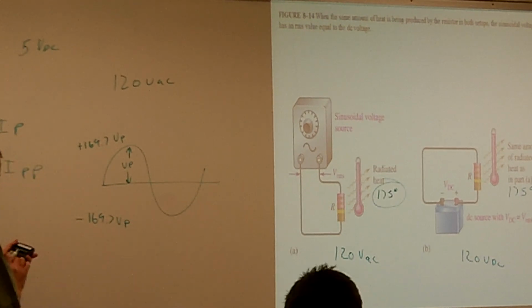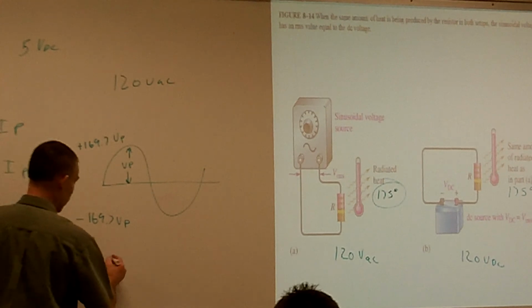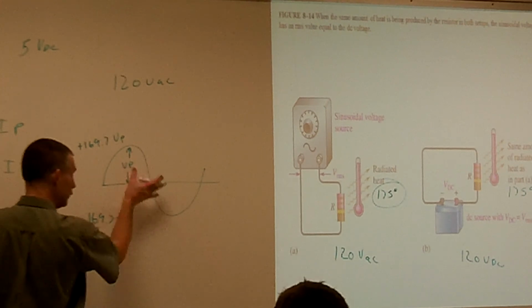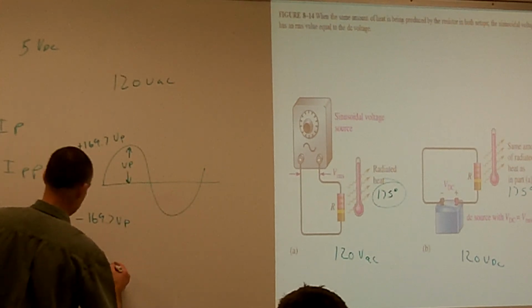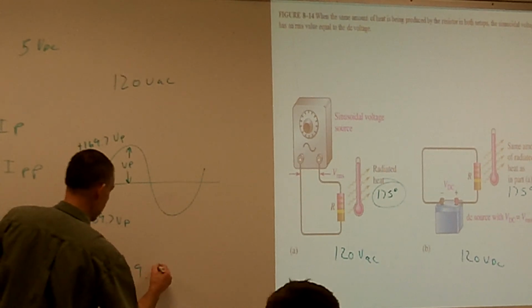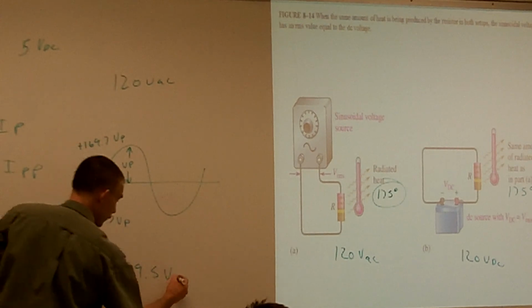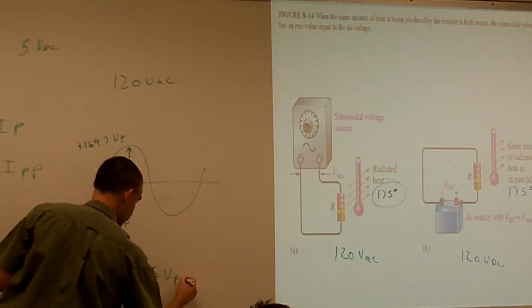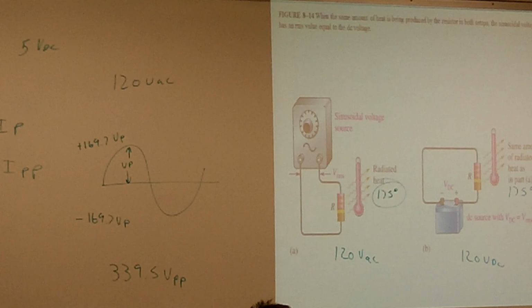If I multiply that by 2, my voltage across this AC signal is 339.5 volts peak to peak. Make sure you keep your units, okay?